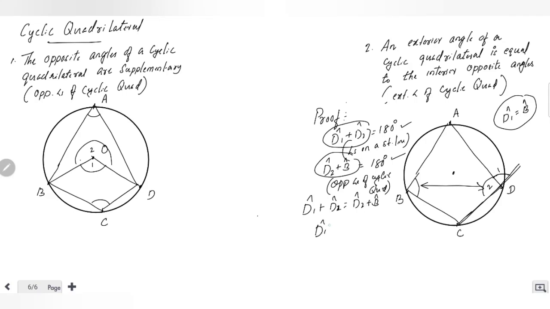That is D1 is equal to D2 plus B minus D2, and D2 cancels, so it is going to be B. So we are done. That is D1, the exterior angle, is equal to the opposite interior angle. Is it clear? So this is how we prove that one. So this theorem is very important: opposite angles of a cyclic quadrilateral are supplementary.